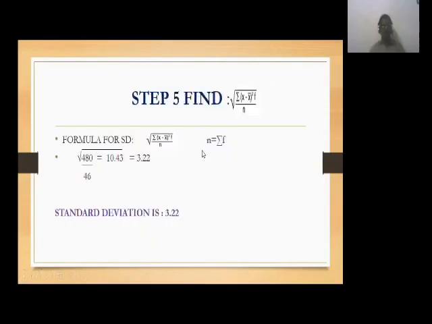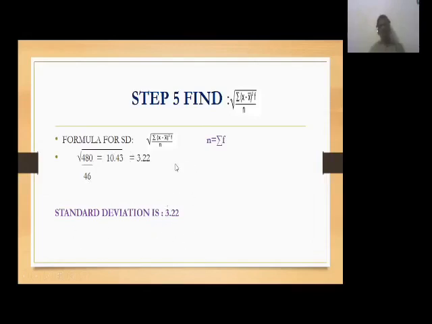Here n is sigma f. In a discrete frequency table n is the total number of observations, and in a continuous frequency table n is sigma f. So 480 by 46 is 10.43, and the square root of 10.43 is 3.22. So the standard deviation is 3.22.